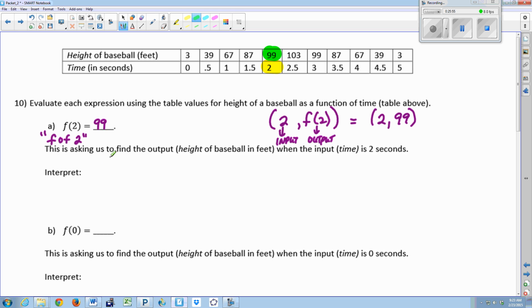Okay, so this is asking us to find the output when the input is 2 seconds. If I asked you on your quiz or your final or your test to interpret this, your input is 2, it's given, so you would say, at 2 seconds, the height of the baseball is 99 feet. There are lots of variations of how you can say this.